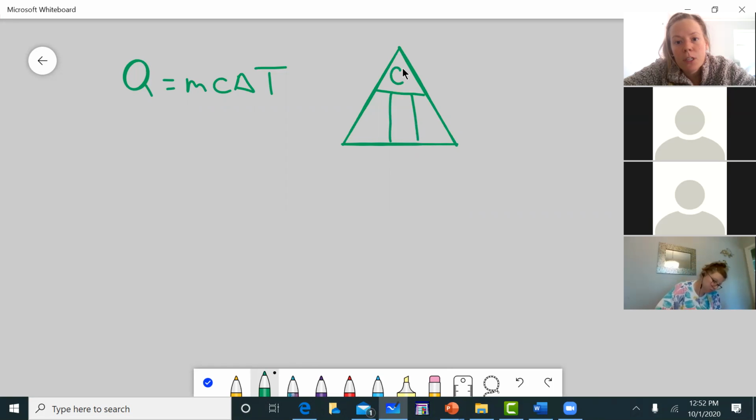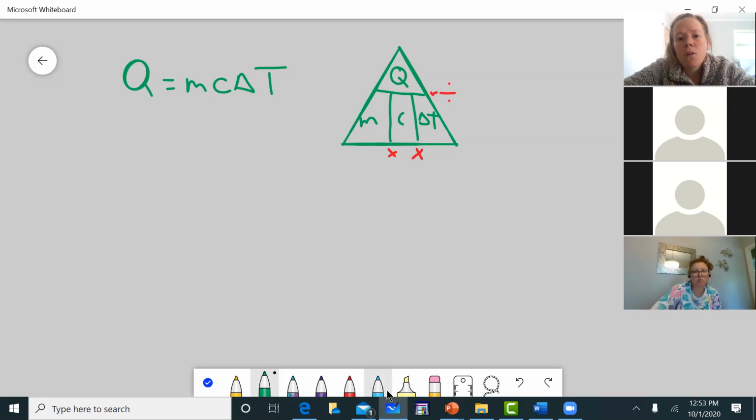On the top, we'll put the Q, and on the bottom, we'll put the MCΔT. Think of this bar here as a division bar, and these two are multiplier bars. So if I want to solve for Q, I take mass times C times delta T. That's what we have here.